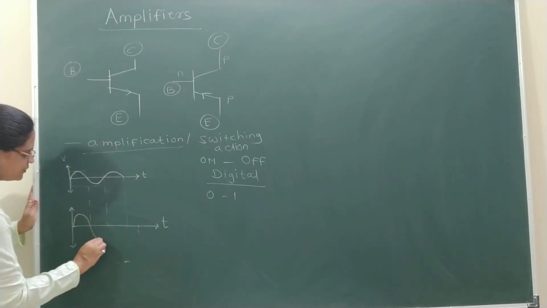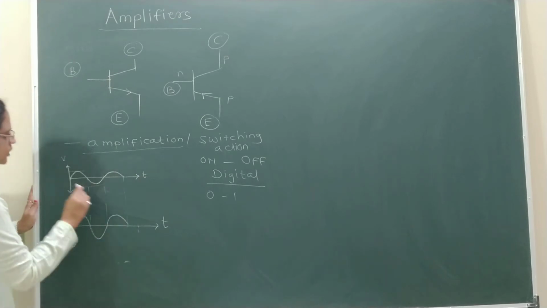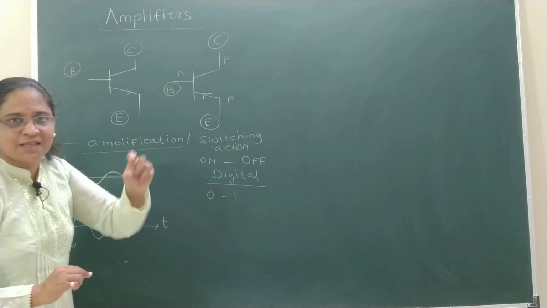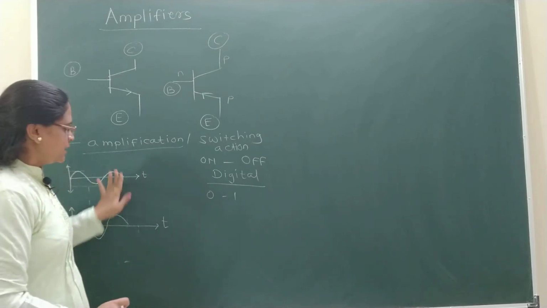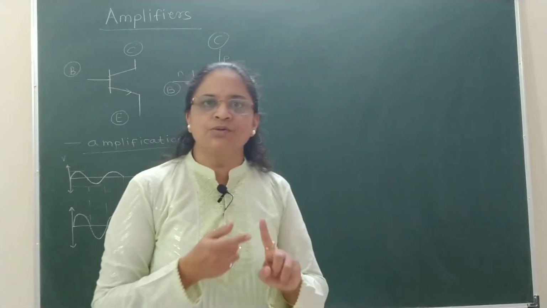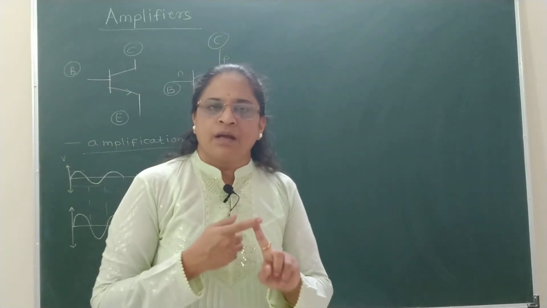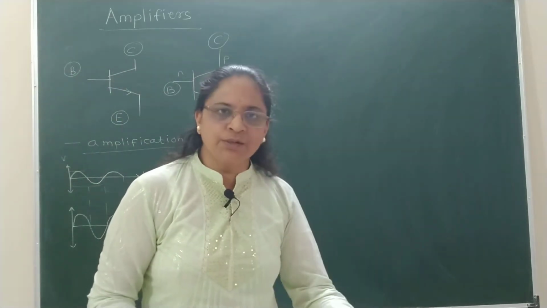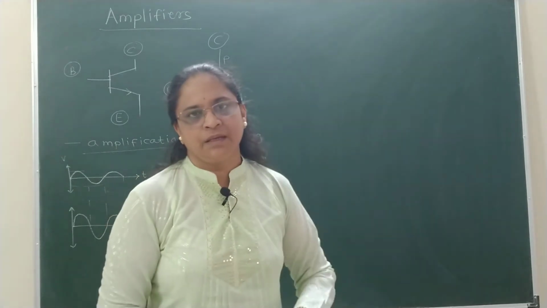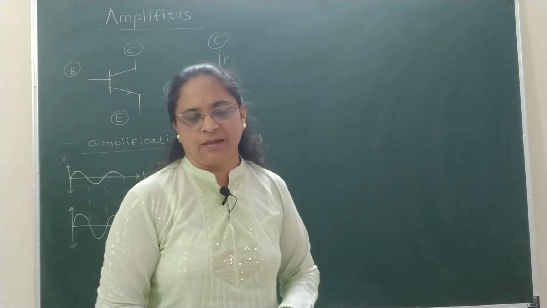But if you observe here, if the input is a sinusoidal pattern, and the output is also an increased strength sinusoidal pattern, then it is called faithful amplification. So a transistor can be used as an amplifier. You can apply a signal to its input section and the amplified signal can be taken as the output signal.